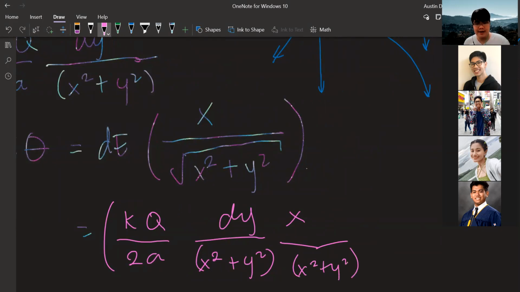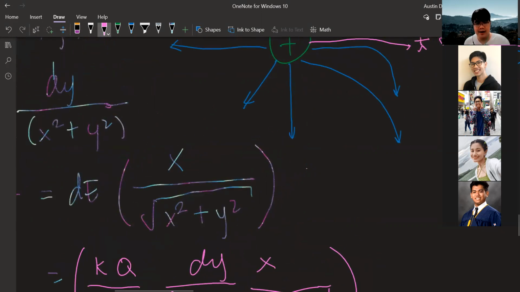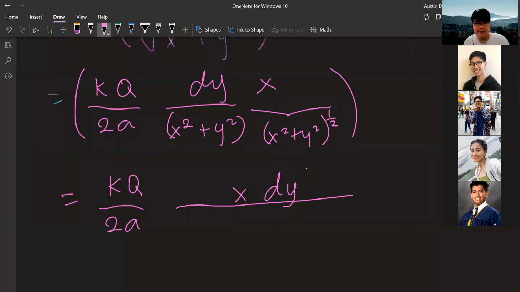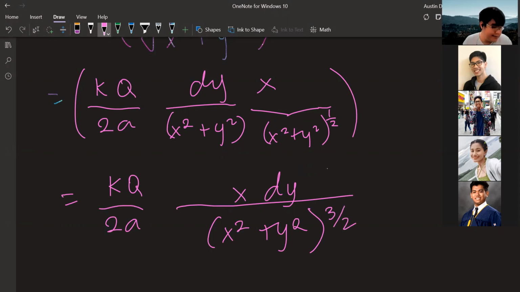I could write this as 1/2. Then I'm left with rewriting this down would be kQ over 2a x dy, that's x squared plus y squared to the 3/2. Okay?